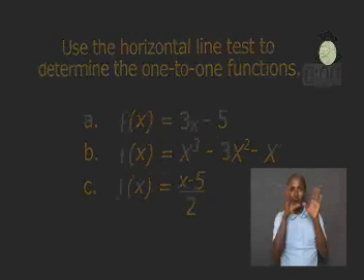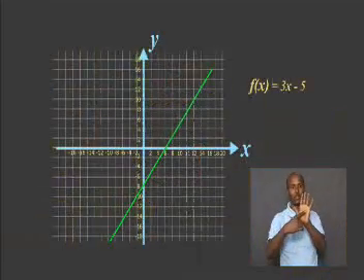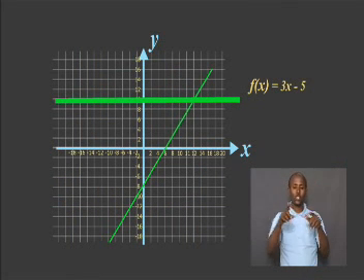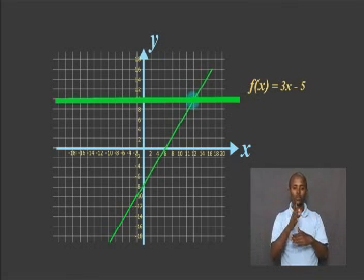Time's up. Let's get back to our lesson. Hello again. The graph for function A looks like this. Clearly, it passes the horizontal line test, and thus it is a one-to-one function.